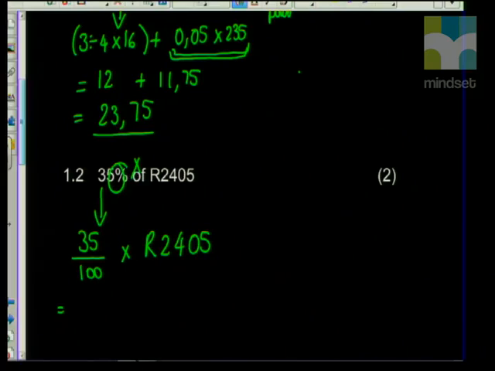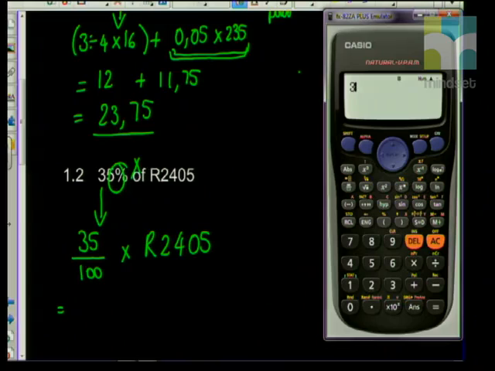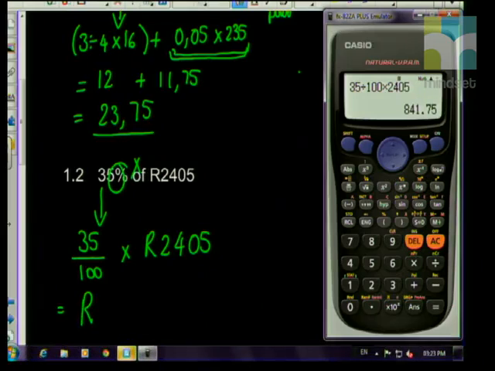So I would then get up my calculator. I would then say 35 divided by 100 times by 2405, and make sure it's in decimal form so I can write it as money, and it should give me 841 Rand and 75 cents.